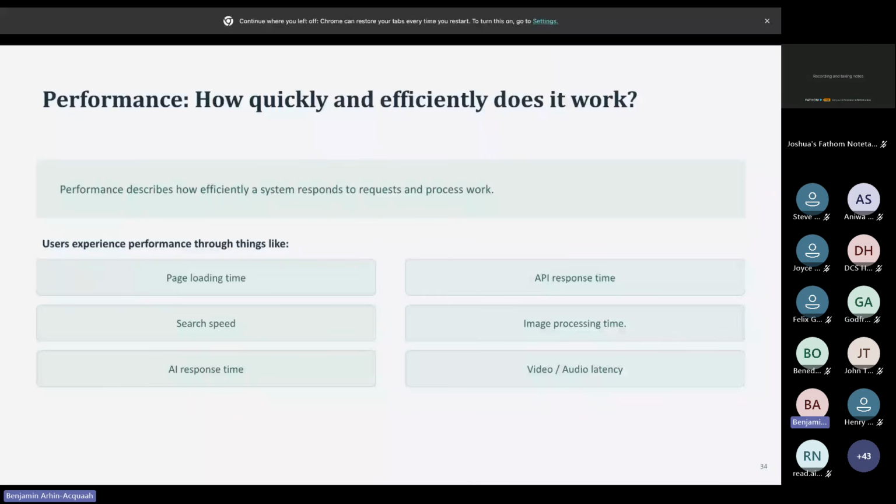So performance is essentially how quickly and efficiently your product works. If I'm a user and I come on the platform, what experience am I going to get with regards to speed, like how things load on the platform? When I try to search something, how long does it take for me to get a response?